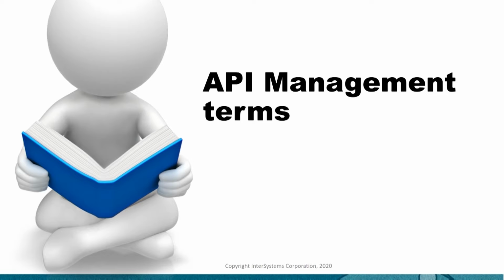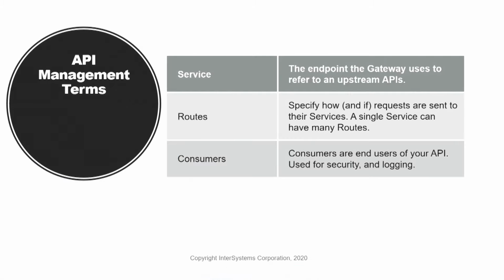I want to cover a few basic terms that I think you're going to need to know when using API managers. These are the three most important concepts you need to know. The first is a service. A service is really an endpoint for the gateway that will refer to the upstream APIs that you're managing.